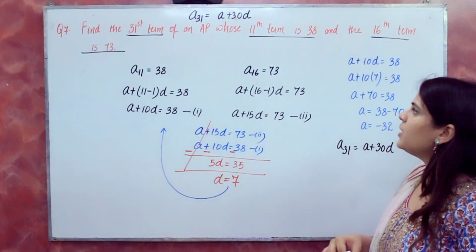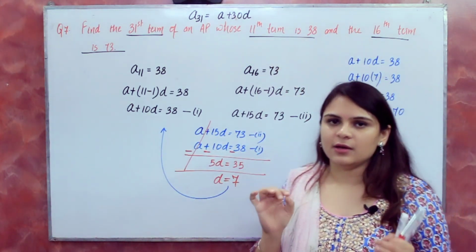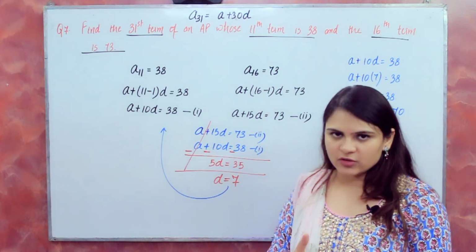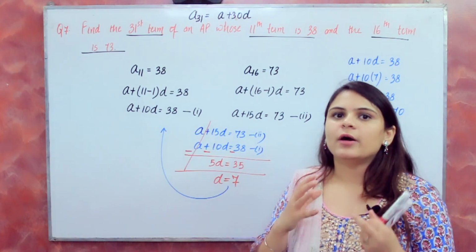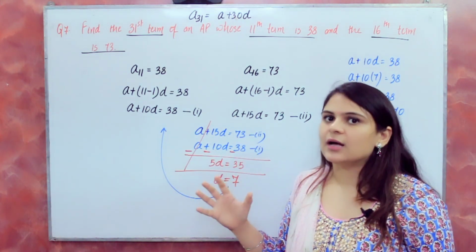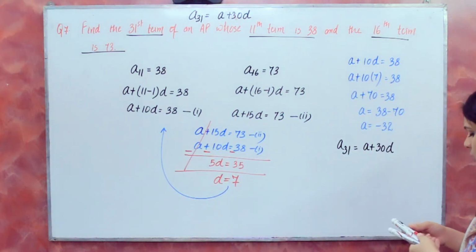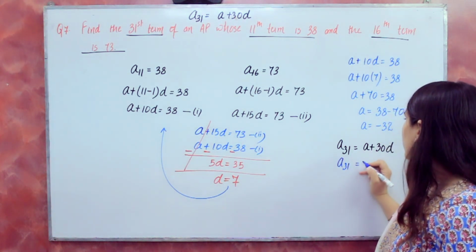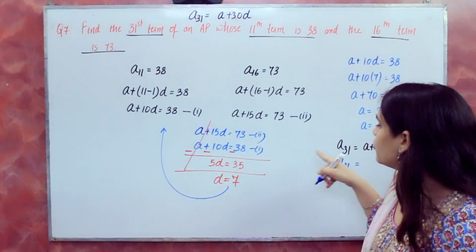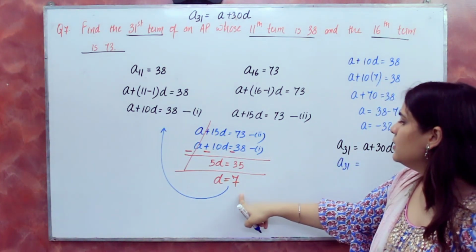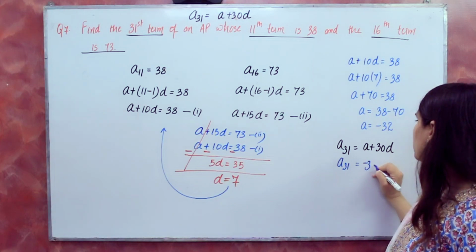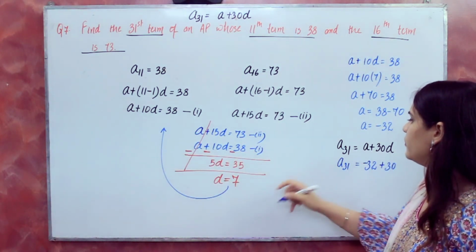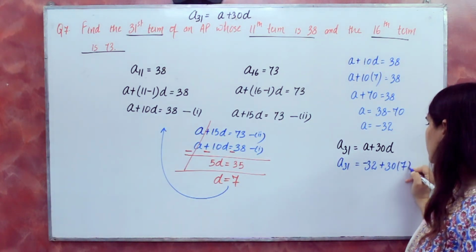When two terms are given of any AP, in that case you can find the first term, the common difference, or any term which the question is asking you. Okay, so initially we have to find our first term and common difference, then we will substitute these values in this formula, and the value of d is equal to 7.